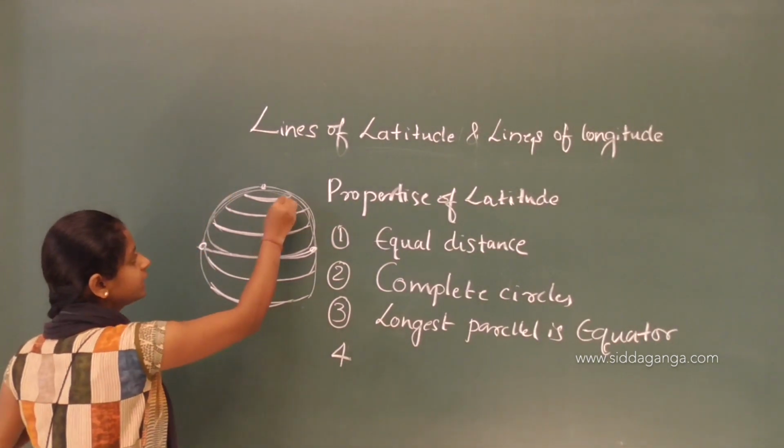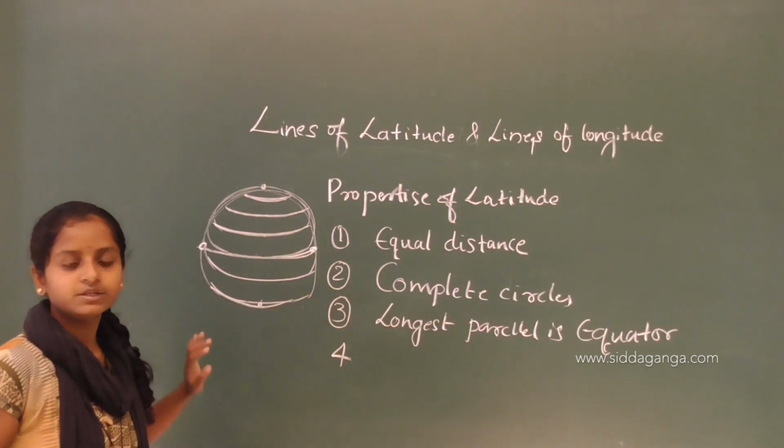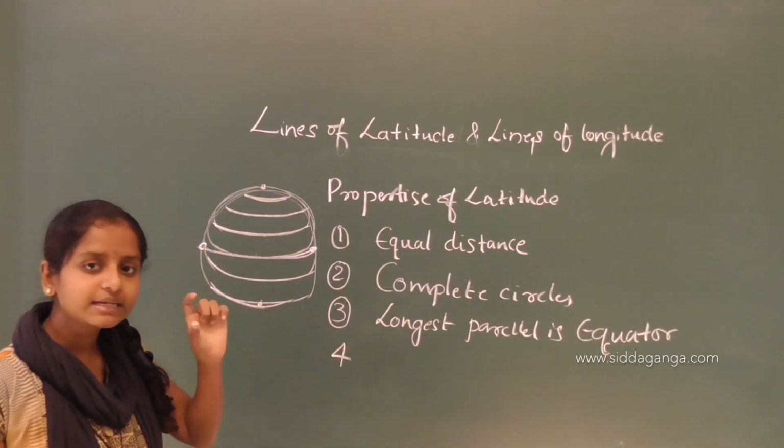See here, this is a small parallel, this is somewhat bigger, this is also bigger, this is very big. So from the equator to the poles, the length of the parallels decreases.